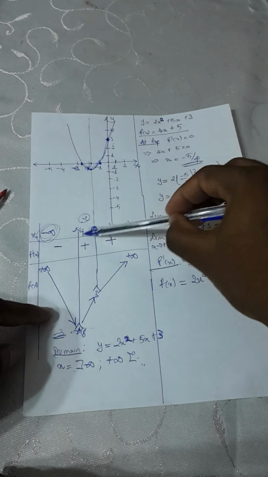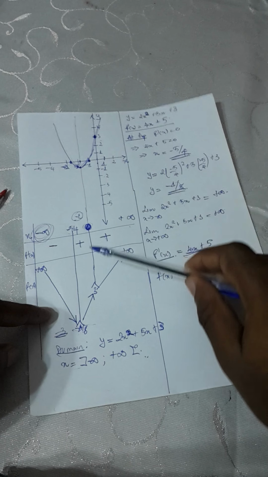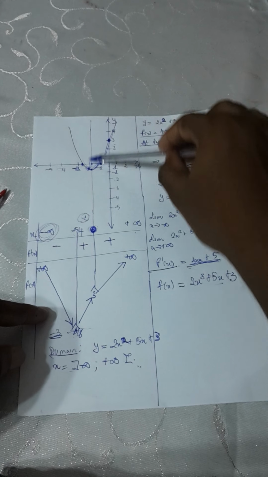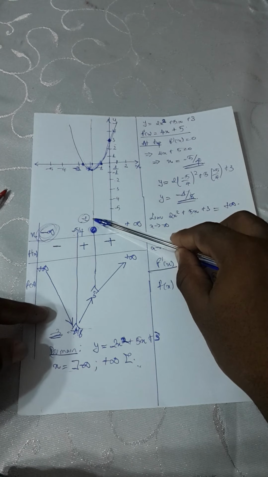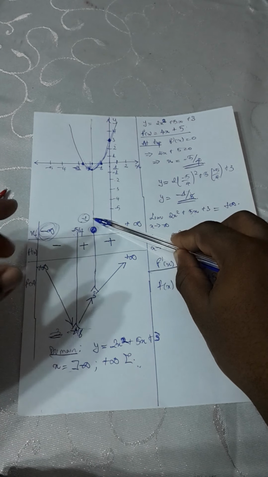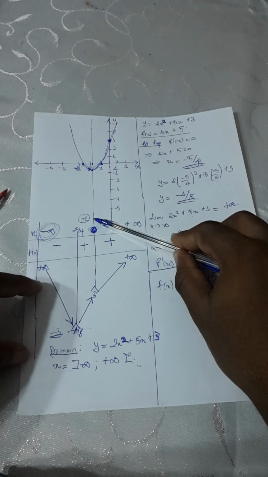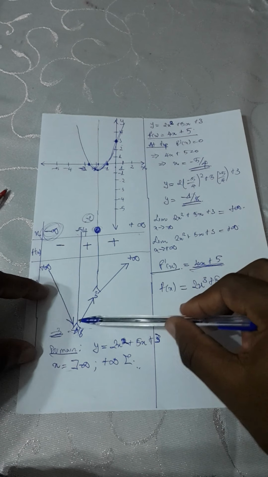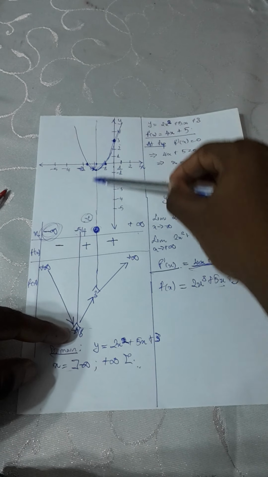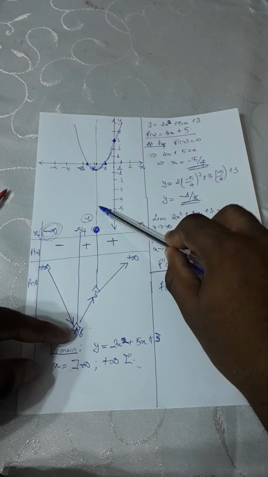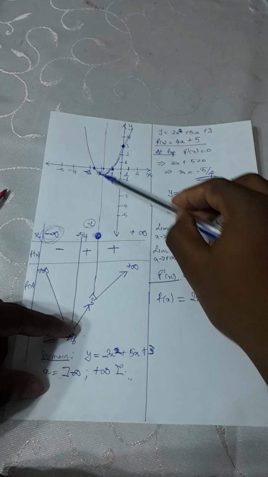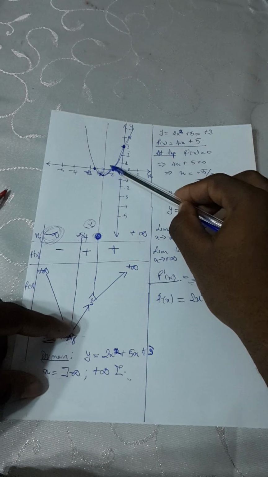Now, at this point, negative 5 over 4, you have your turning point, which is the line of symmetry in our first method of calculation, the quadratic method. When you have traversed this line of symmetry, you find yourself at this portion.